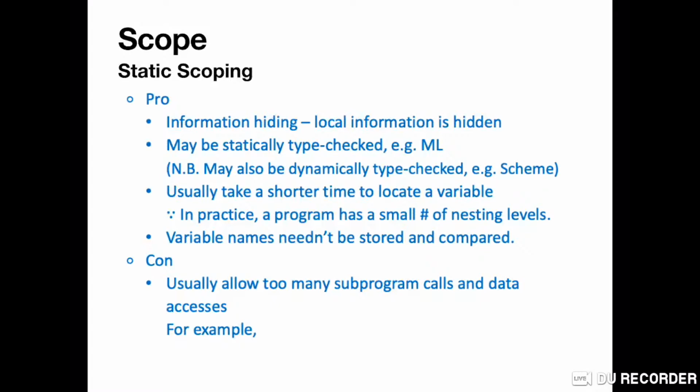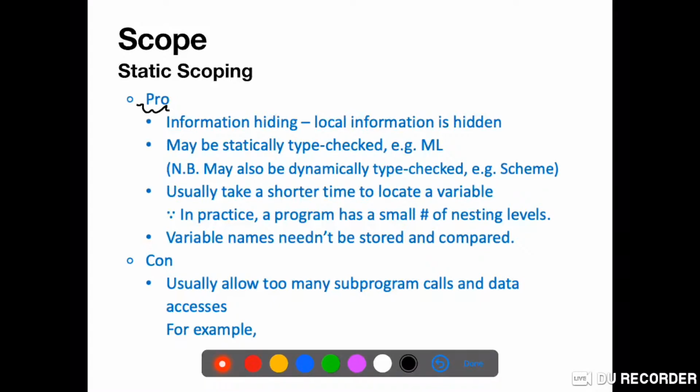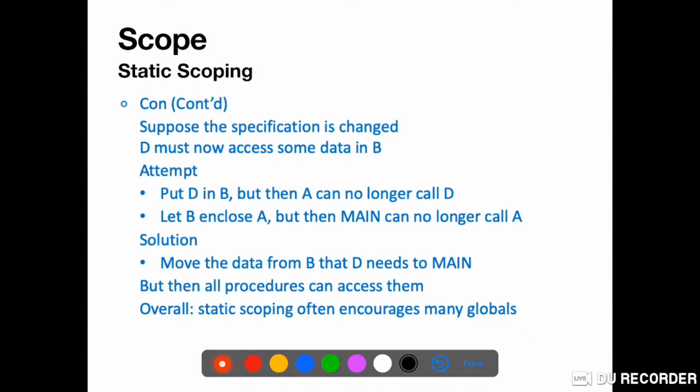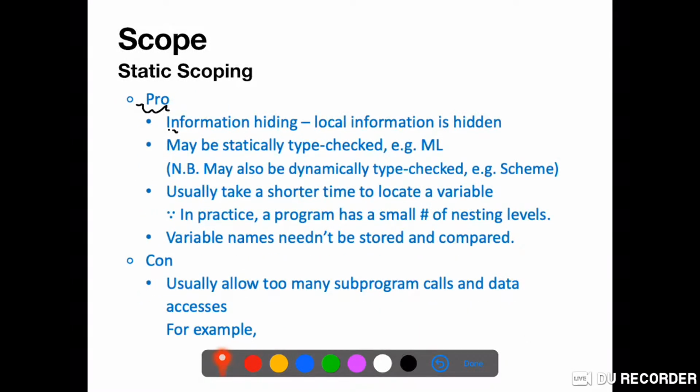And it has many pros. Yeah, this information hiding refers to if I have something x in C, I expect this x never pollutes the scope in B or E, even if they call the function C. You don't worry that this x is polluted by other places, and also it can be statically type checked because the scoping is determined by the program layout.